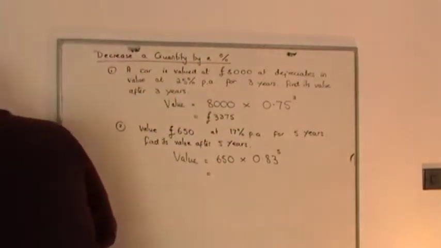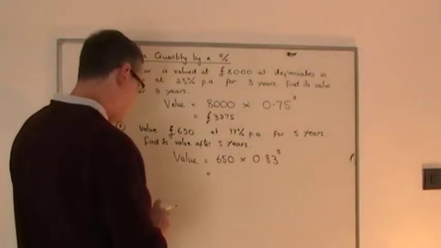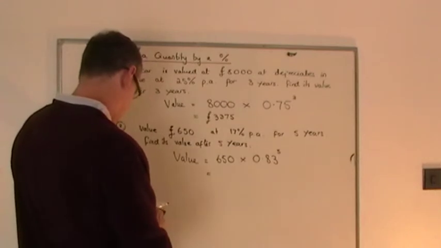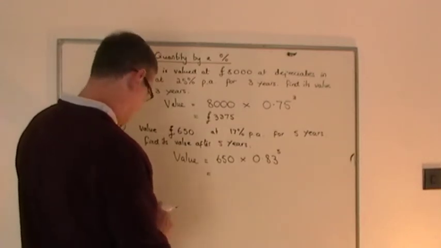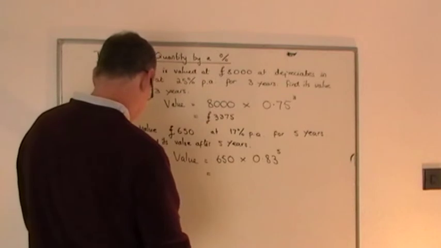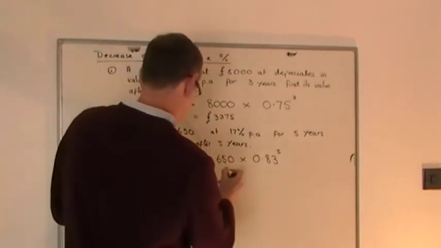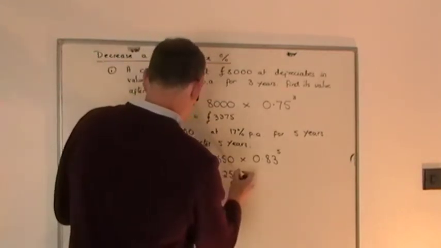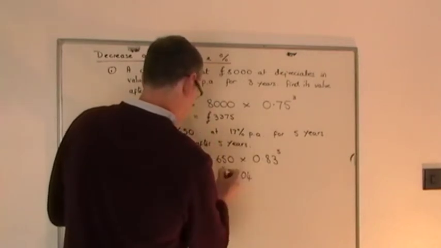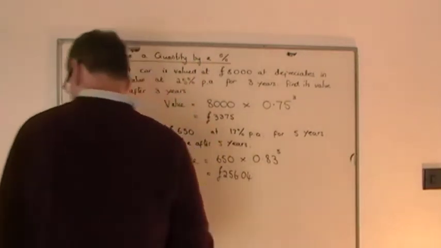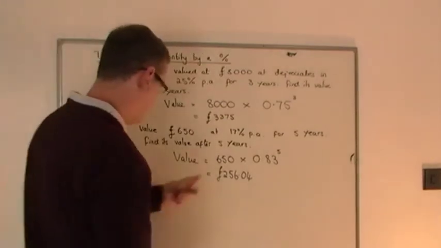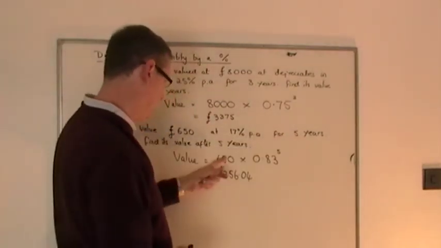So we're ending up with a calculation to do, which is 0.83 power 5. I've done that first, and I'm going to times by 650 now, and you'll end up with £256 and 4p.